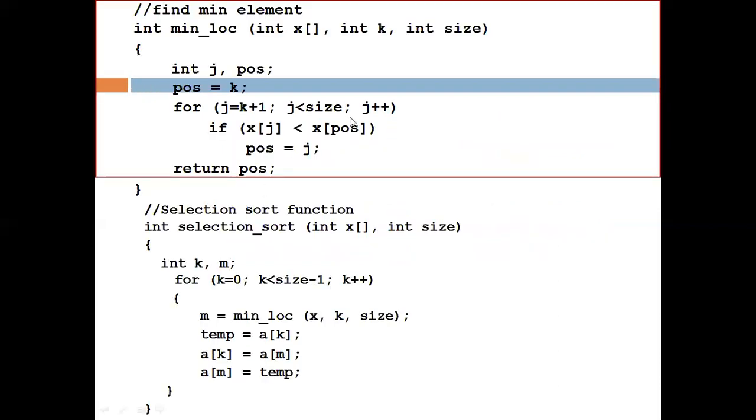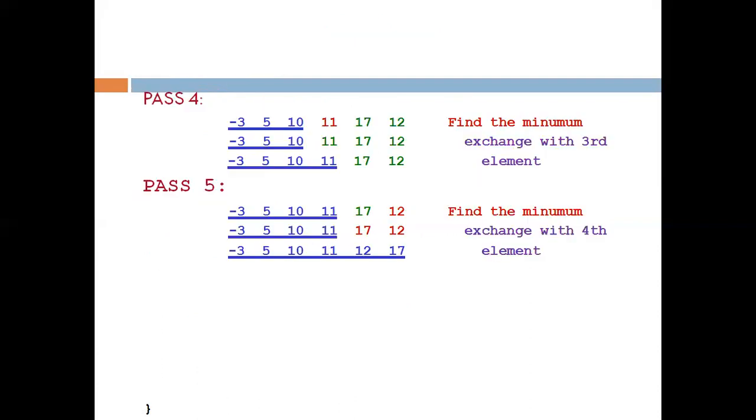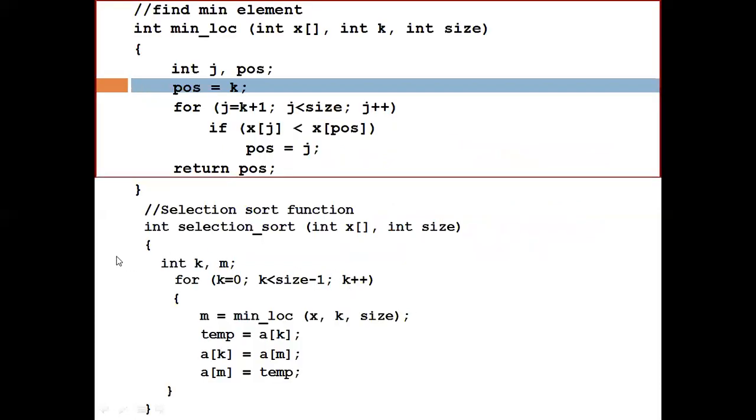So by this example, you can see that in each pass, we found the minimum, and then we swapped. See this program, it's a very simple program.